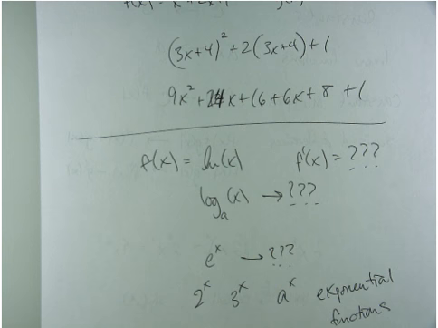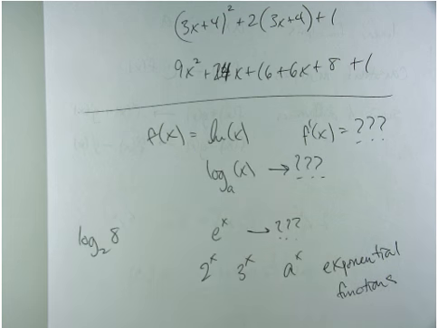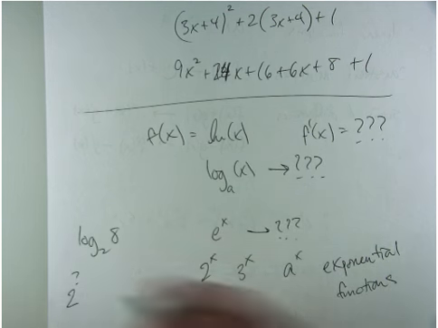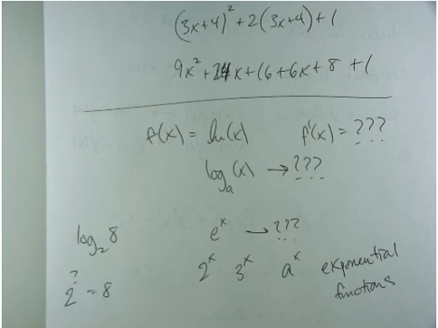If I think about things like log base 2 of 8, I'm thinking 2 to what power equals 8? Exponential expressions are expressions that we're familiar with, and logarithms are the inverse of that exponential operation.